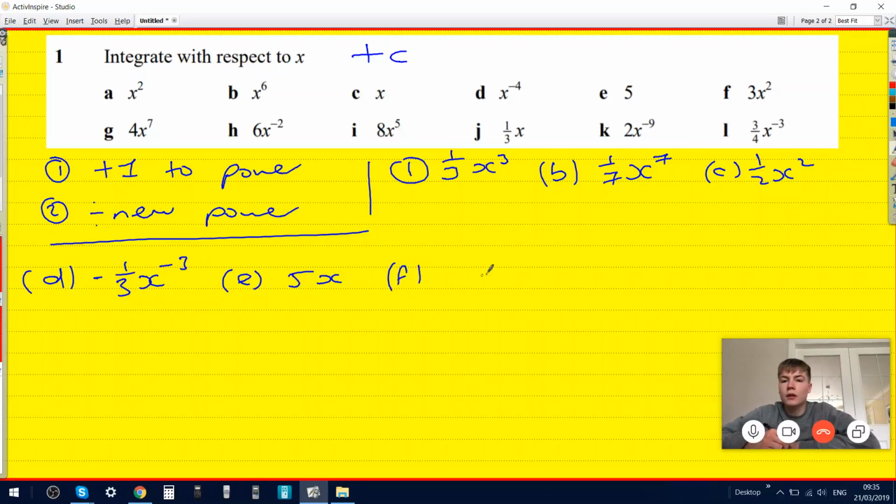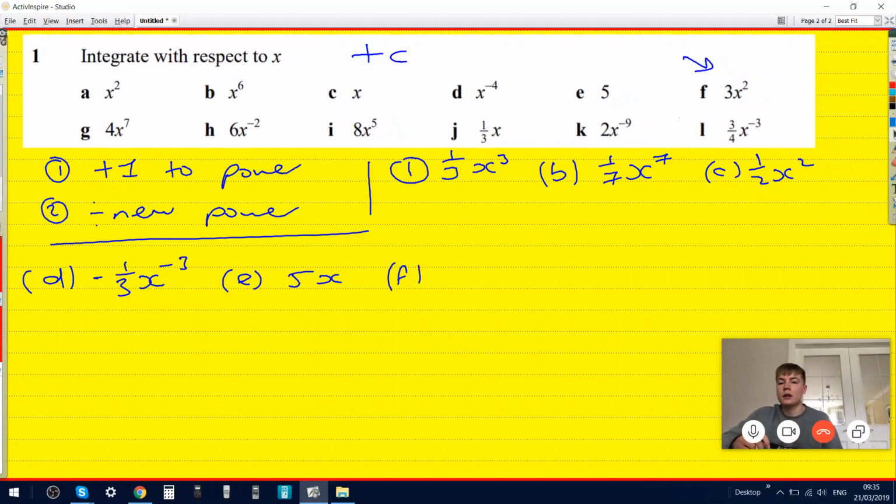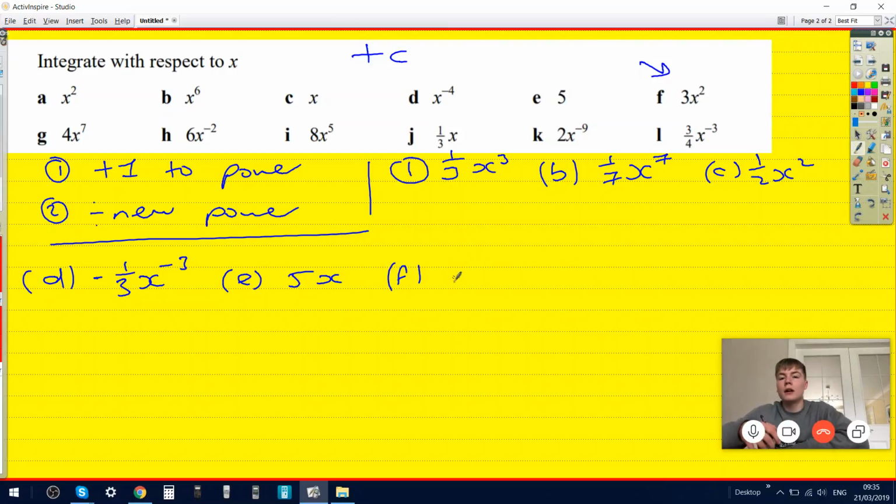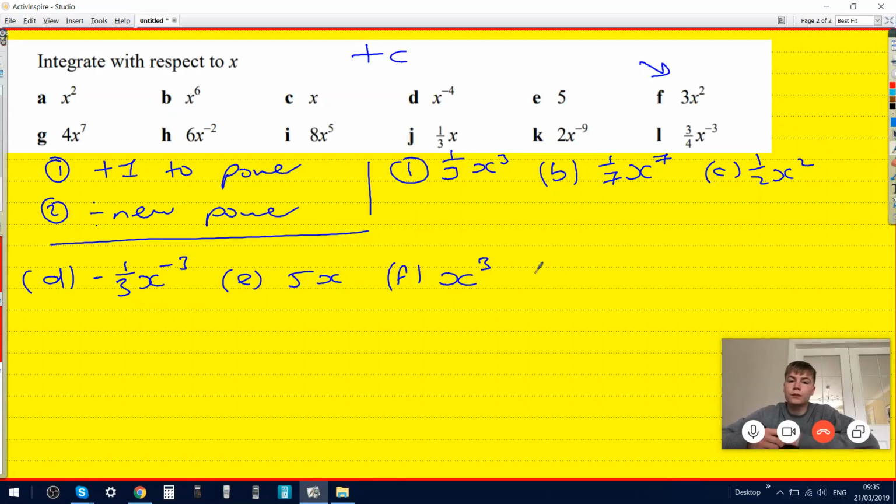Who's f3x, sorry? Yeah. Do you see 3x squared, is it? No, I can't see, so it's just right. Yeah, perfect. Squared. Is that just x cubed? That's it. G? The 0.5 x to the 8.